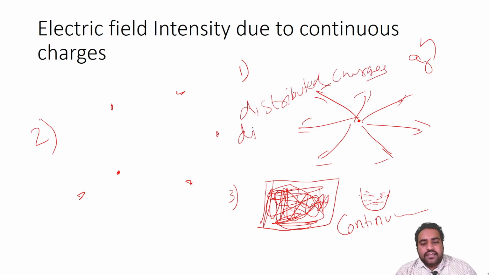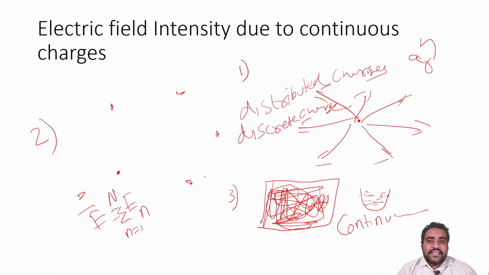Sometimes they are also called discrete charges. For discrete charges, we have already seen that the net effect E equals the summation from n equals 1 to n of En. But that cannot be applied for continuous charges, because continuous charges cannot be separated as we could do in the case of distributed or discrete charges.